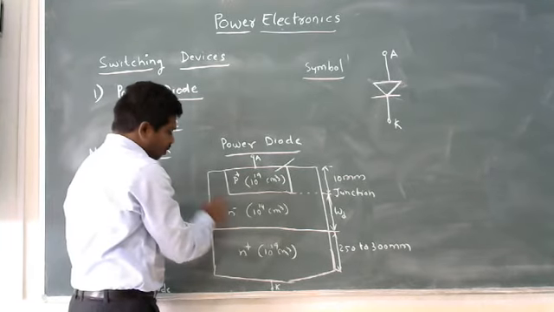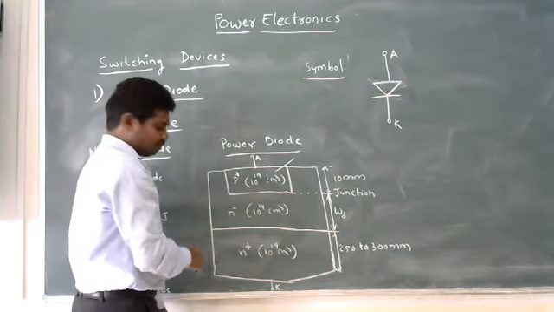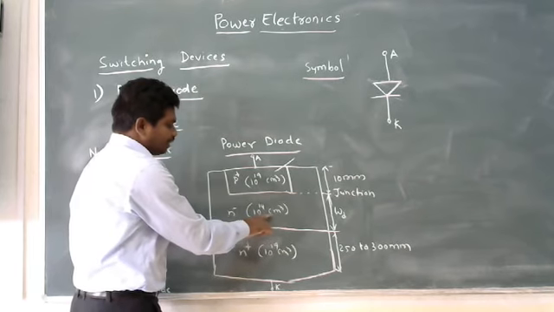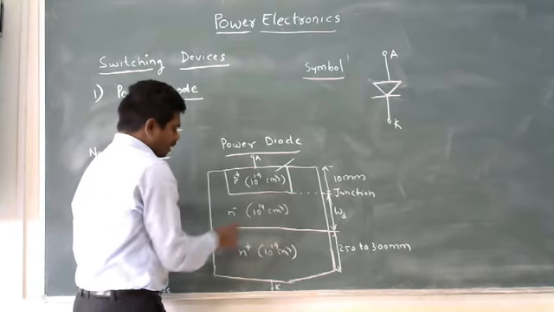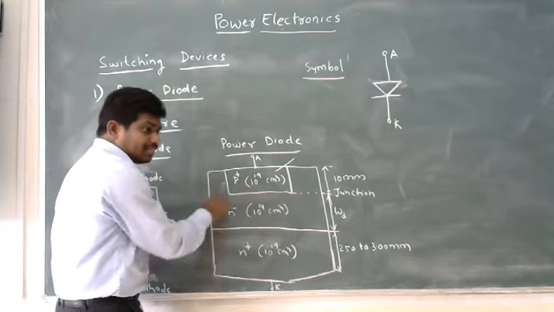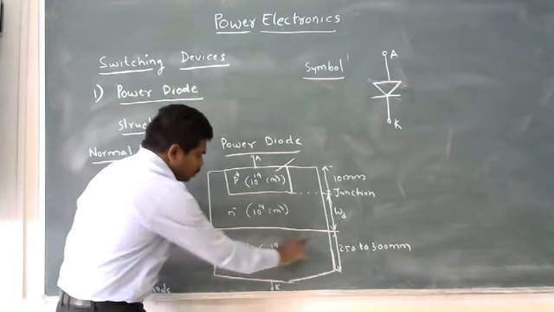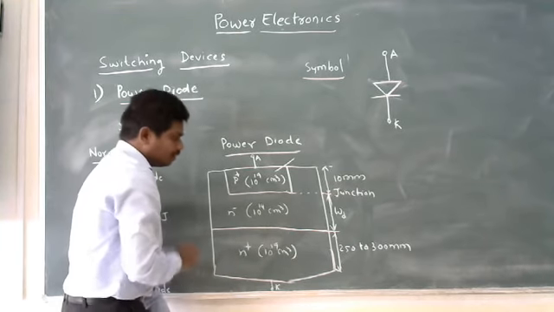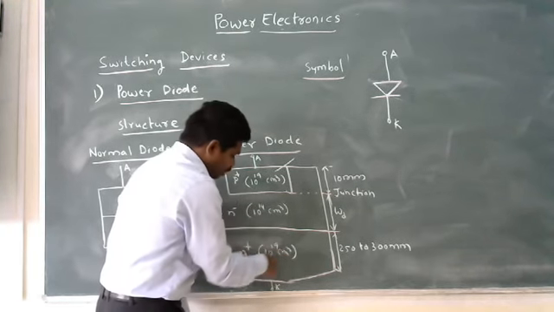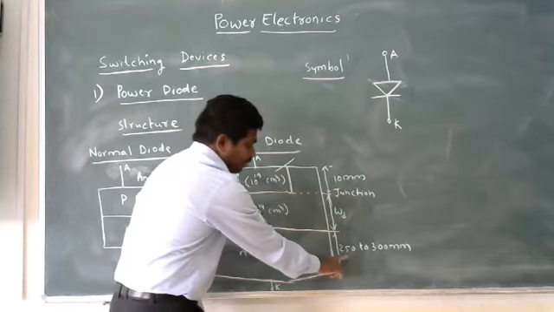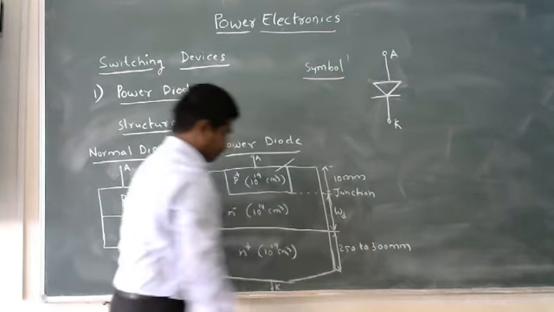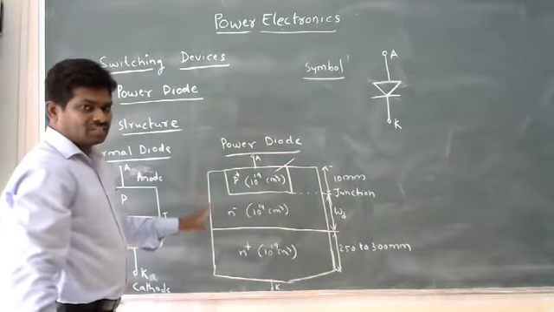N minus means lightly doped, with 10 power 14 per cubic centimeter. And the lower portion of the n material is highly doped. The size of this highly doped n material part is around 250 to 300 micrometers. Very easy to understand.